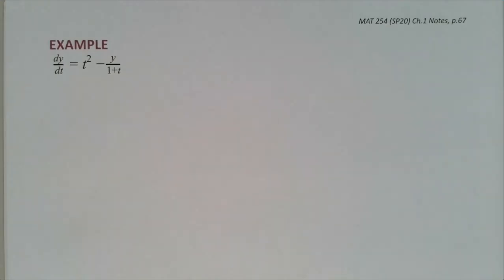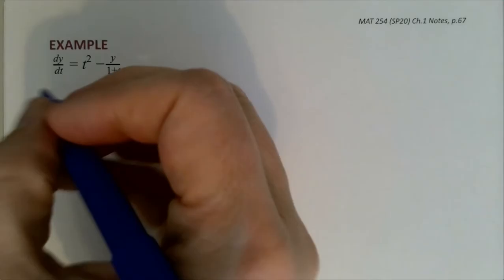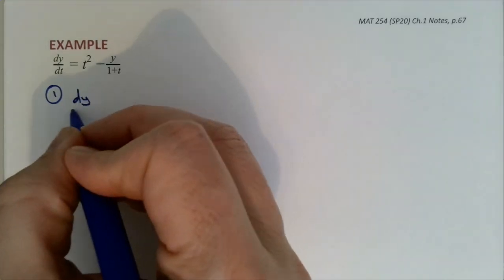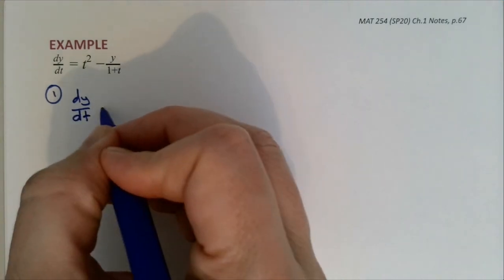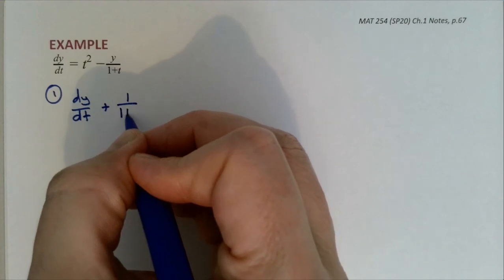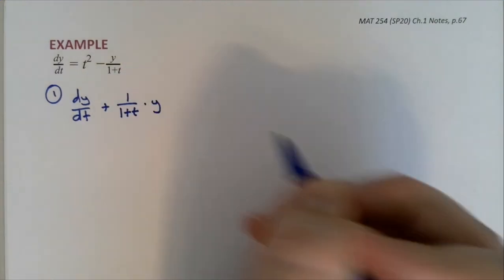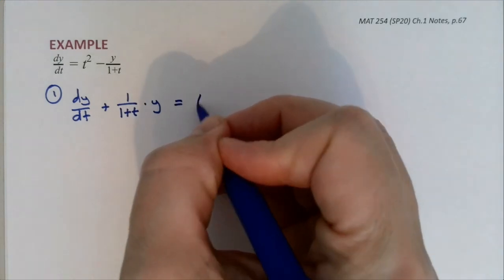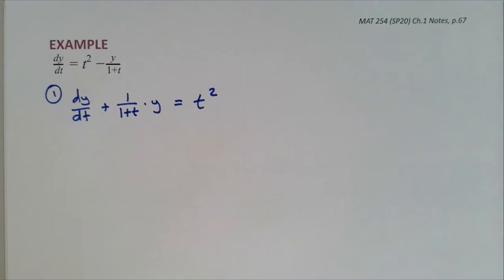And so I'm going to start off by rewriting this. Now you'll notice this time I'm not going to write down each one of the steps, but I am going to identify the steps as we go. So my first step is I'm going to rewrite this thing. So we have dy dt plus 1 over 1 plus t times y, and again I kind of separated it out there, equals what's left on the other side, which is just t squared.